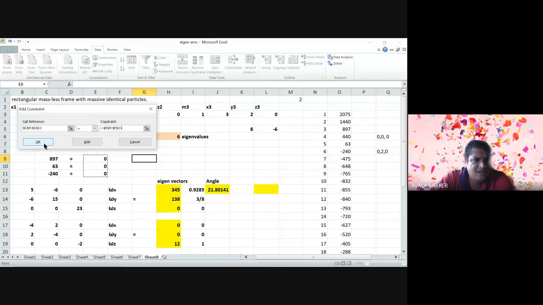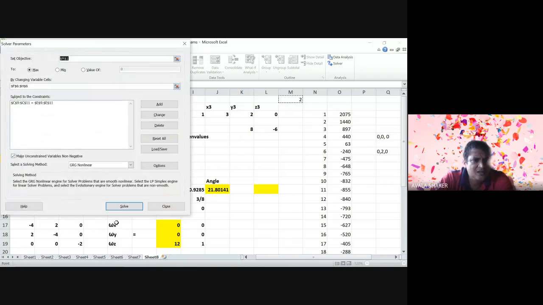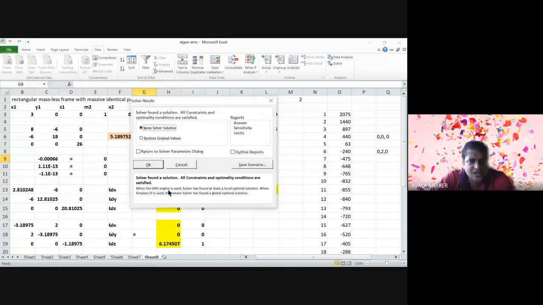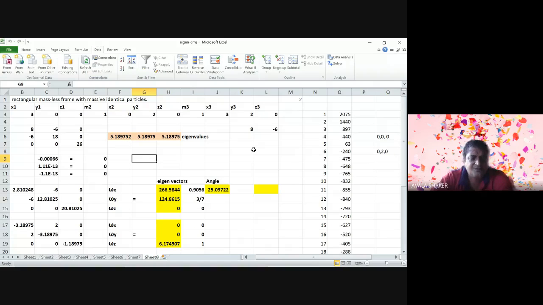Okay, and then you just say okay. Sometimes you can unclick this also, no problem. Constraints variables are non-negative. Okay, so it can be negative. Okay. So this window pops up, and then we say okay.